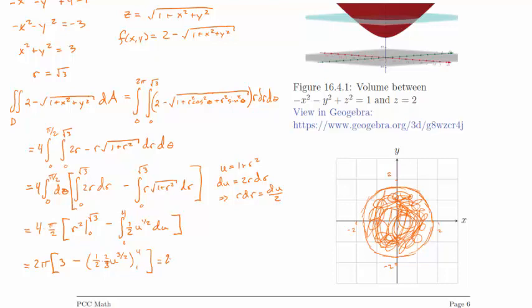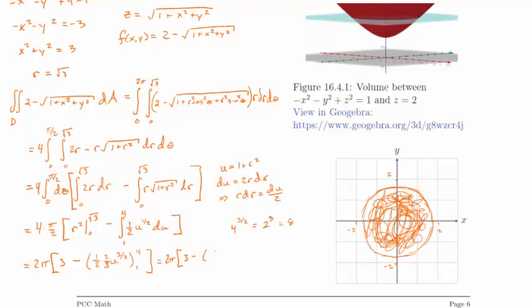So this is 2 pi times 3 minus 4 to the 3/2, which equals, the square root of 4 is 2, cubed is 8.